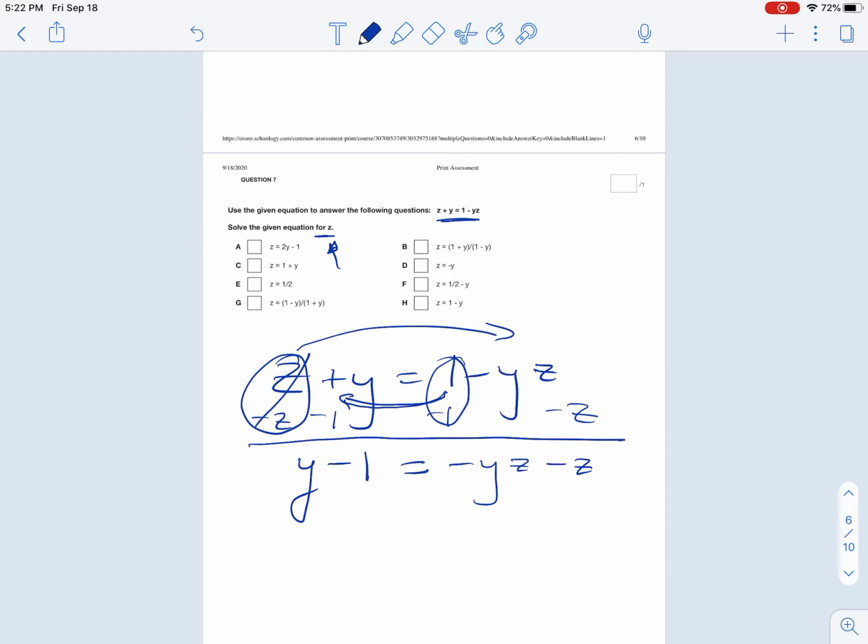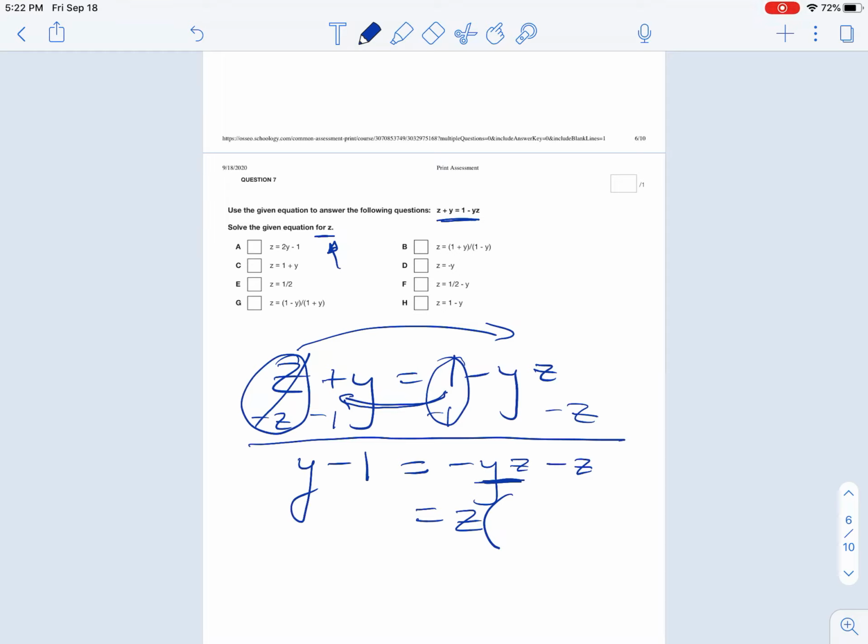I can't combine them because they're not like terms. Is there a way that I could pull that z out front and then isolate it by itself? What I'm asking myself is, what times z is equal to this term right here? In other words, what I'm doing is I'm factoring. I'm pulling something out to make it simpler.